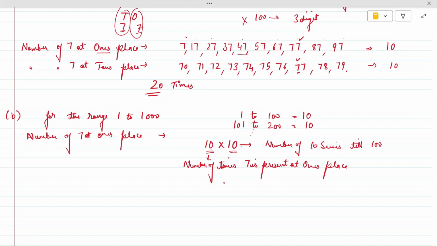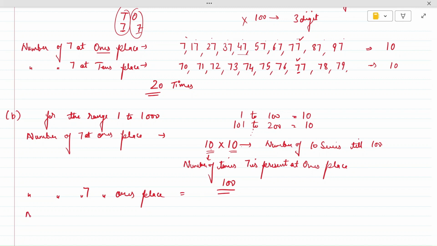Okay, so we have 100 times 7. Number of 7 at ones place is equal to 100.